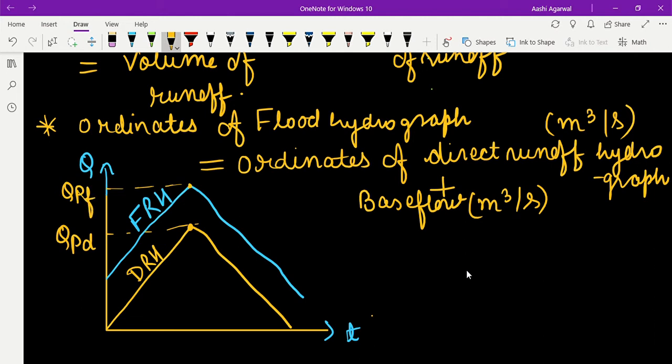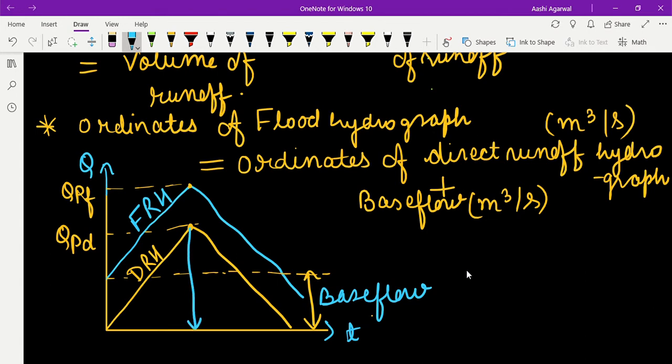So obviously you can see, let's say this is the base flow. Here very easily you can see that QPF minus QPD is equal to base flow only.